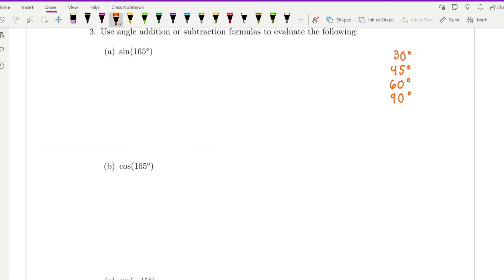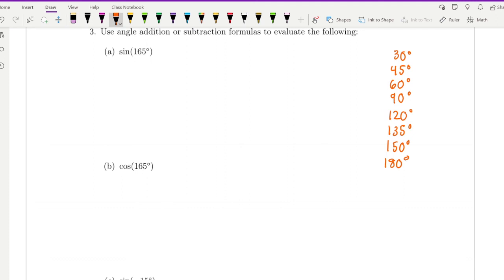Honestly, I think we can do most of what we need to with these. Although actually, let's add a little more. 120 degrees, right? That would be 2 pi over 3. 135 degrees, that is 3 pi over 4. Let's just do a little bit more. So 150, that would be 5 pi over 6, and 180, right?